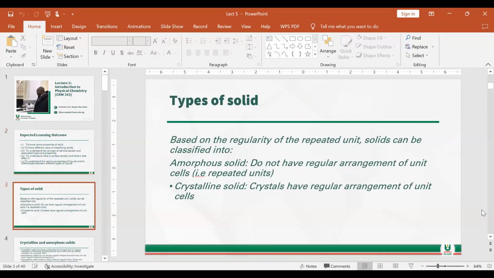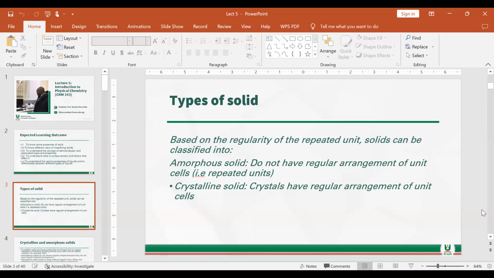So types of solid. Based on the regularity of the repeated unit, solids can be classified into amorphous. Amorphous solids do not have a regular repetition of the unit. You know, like you have a design in your cloth. A certain design will come and then repeat itself all over the cloth material.